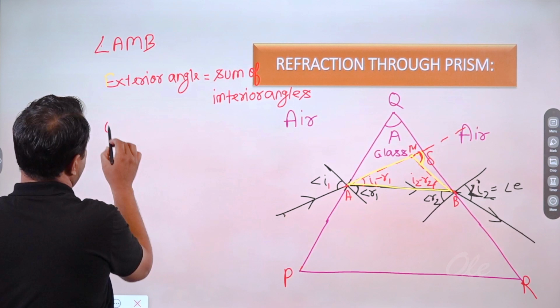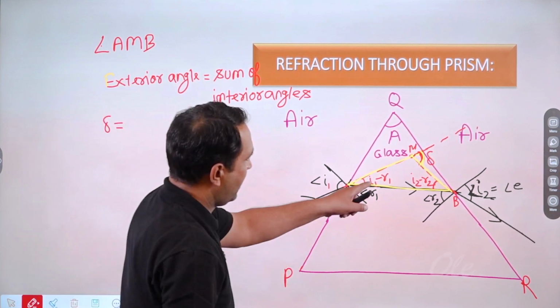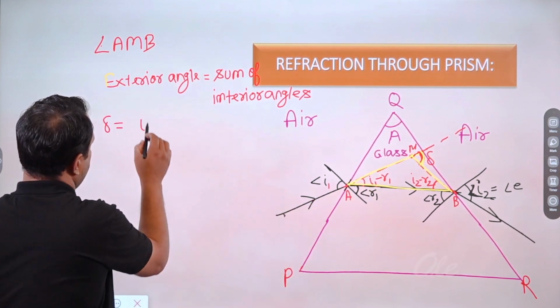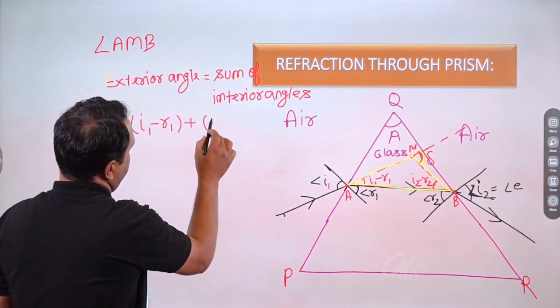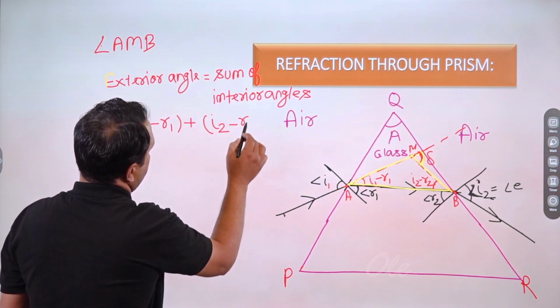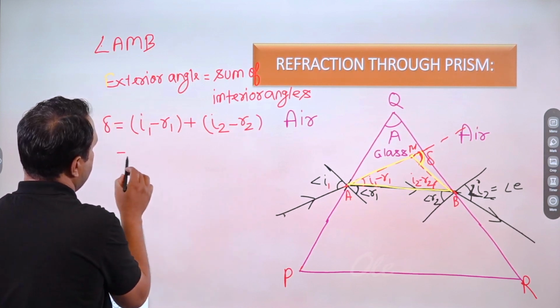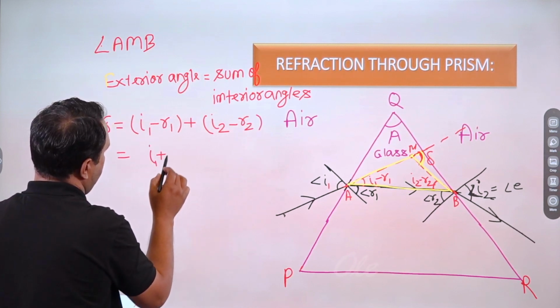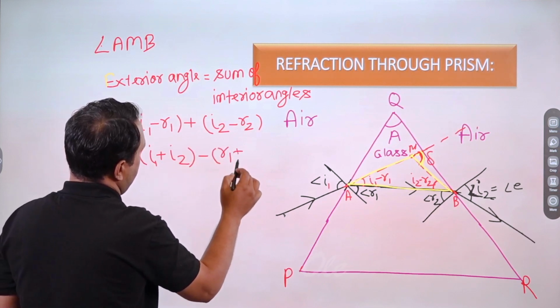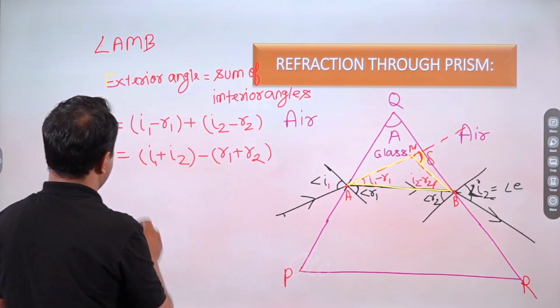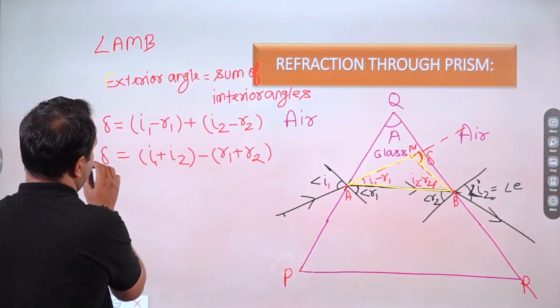Right? So delta is equal to I1 minus R1 plus I2 minus R2, or we can write I1 plus I2 minus R1 plus R2, right? This is the value of delta.